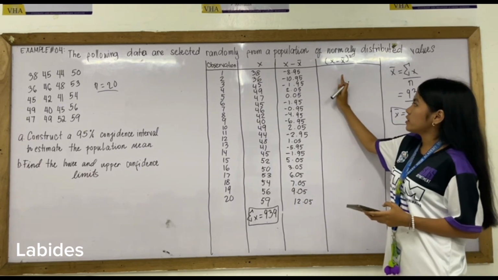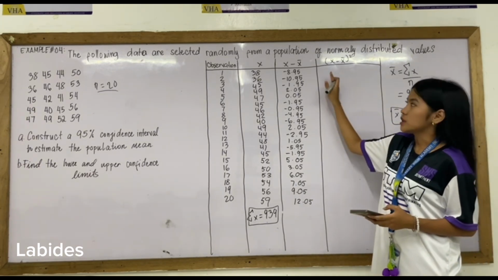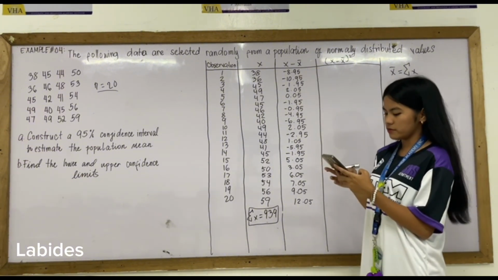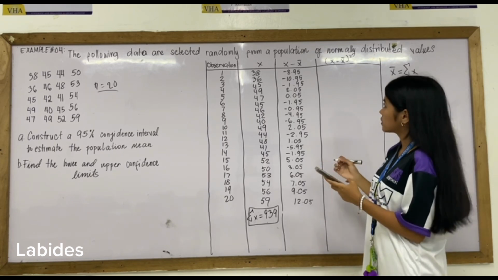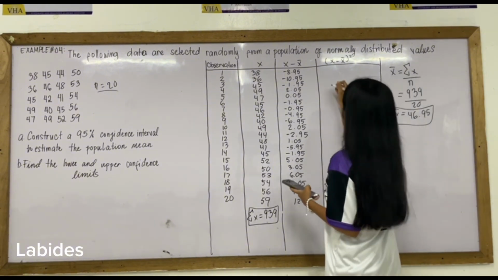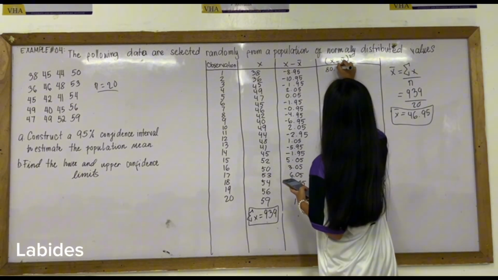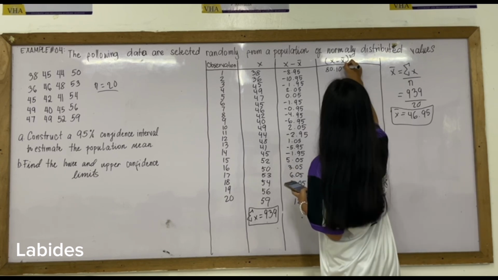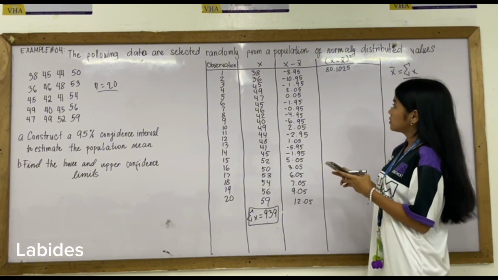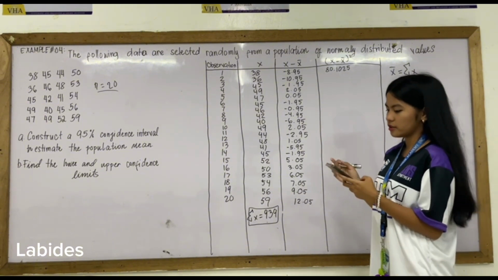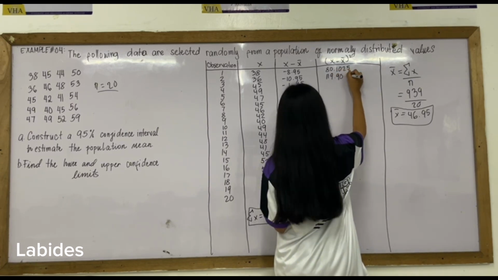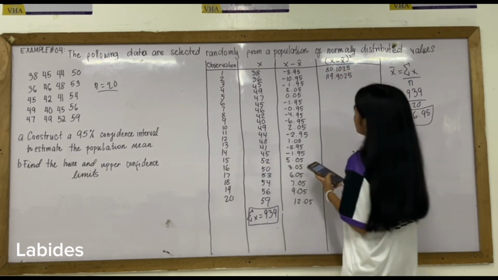So what we're going to do here is we're going to square the values from the third column. So we have negative 8.95 squared, which gives us 80.1025. Next is negative 10.95 squared. That's 119.9025.